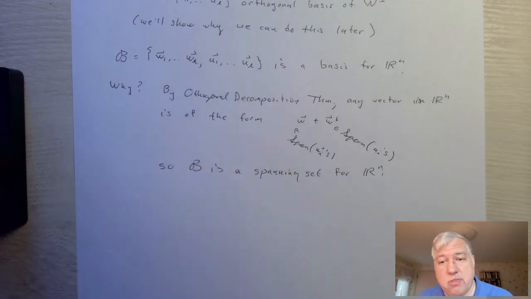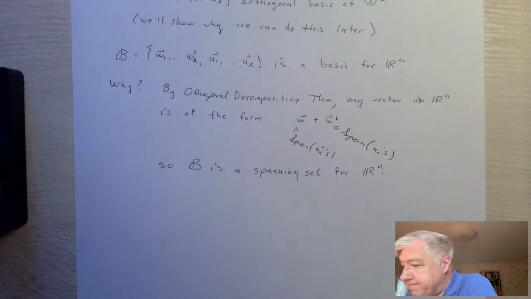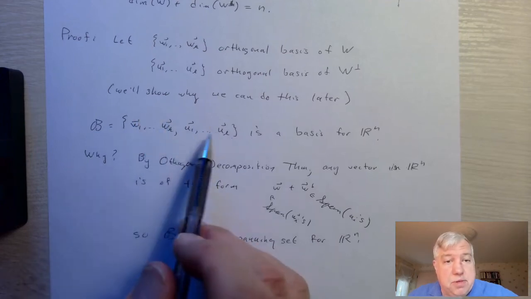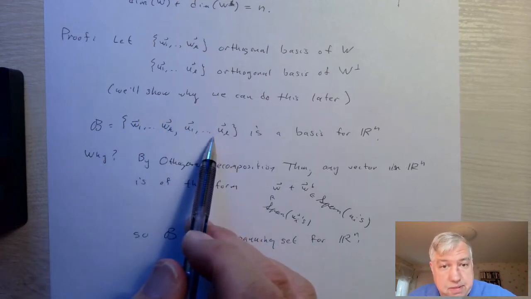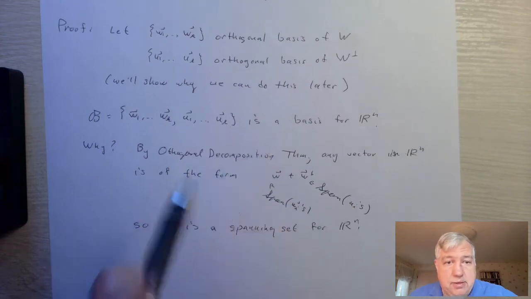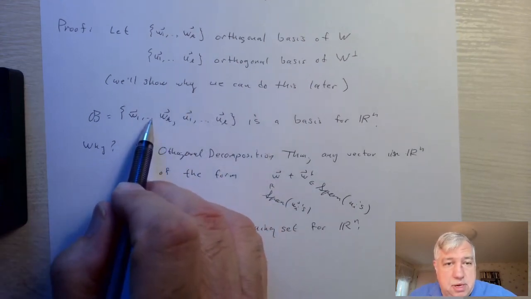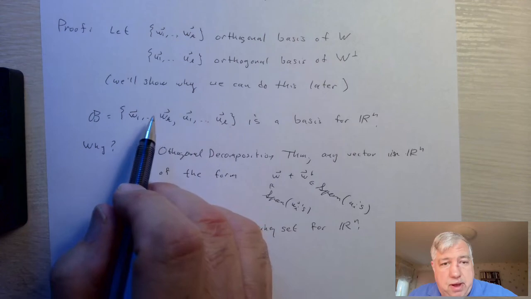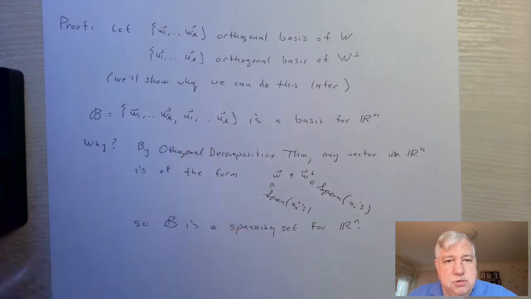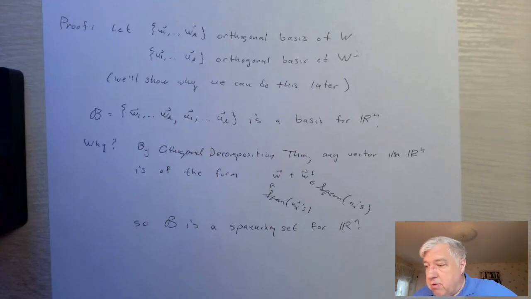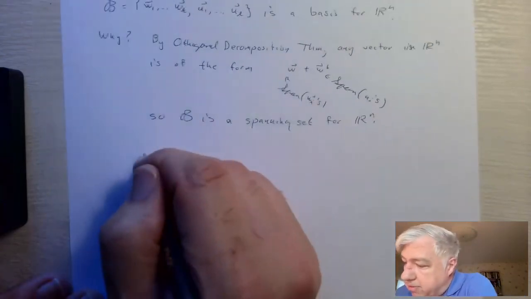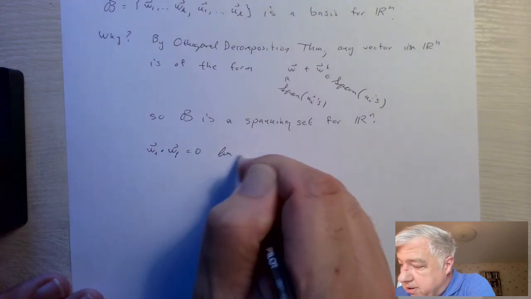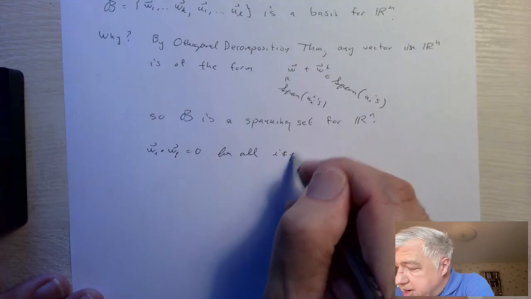All orthogonal sets are linearly independent. We have that all these w's are orthogonal to each other, and all the u's are orthogonal to each other, because each is an orthogonal basis. And since each little w is in big W, and each u is in W perp, each little w is orthogonal to each little u. So that means this is an orthogonal set. So wi dot wj equals 0 for all i not equal to j.